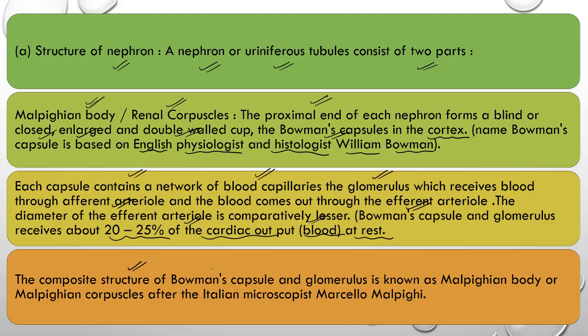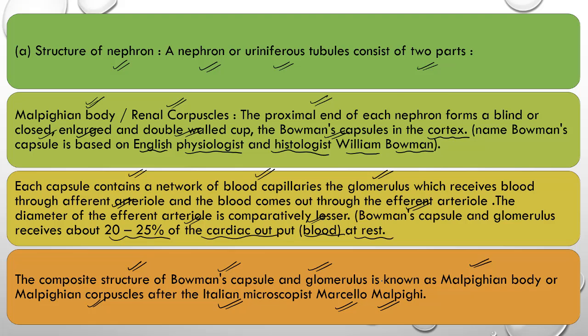The composite structure of Bowman's capsule and glomerulus is known as Malpighian body or Malpighian corpuscle, after the Italian microscopist Marcello Malpighi.